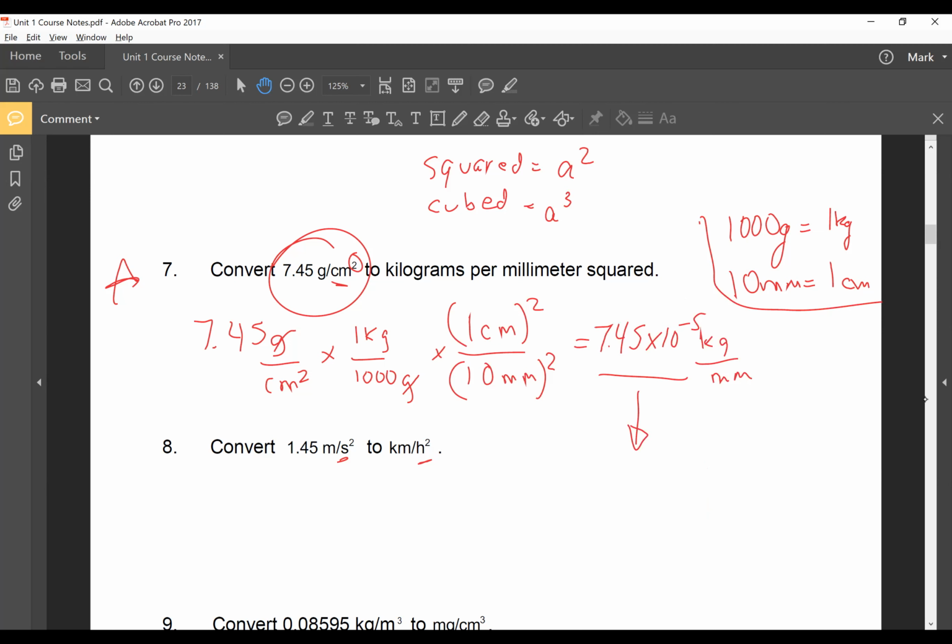My units would be kilograms per millimeter squared. This, again, I've mentioned this earlier. This is what my calculator is giving me, which is totally okay, totally perfect for a test question. This would actually be 0.0000745 if we turned it into a decimal. We'll talk a little bit about this later, this concept of scientific notation.